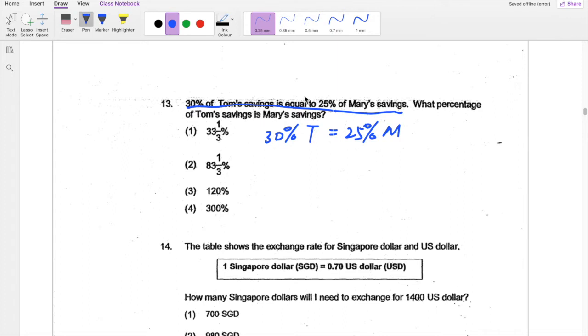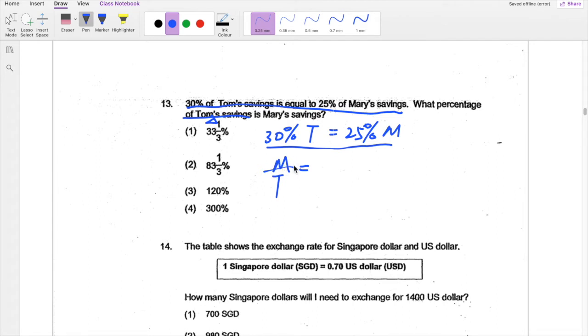So it means how much is Mary's savings over Tom's savings. We ask what percentage of Tom's savings is Mary's savings. So Tom's savings is the base. What we need is Mary over Tom. How do we calculate this based on the given?